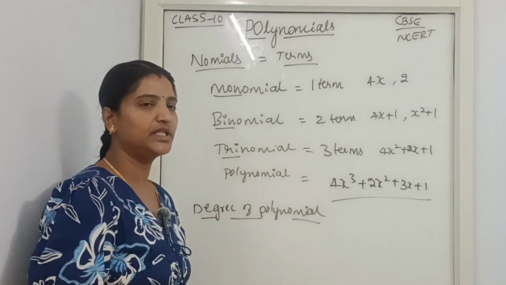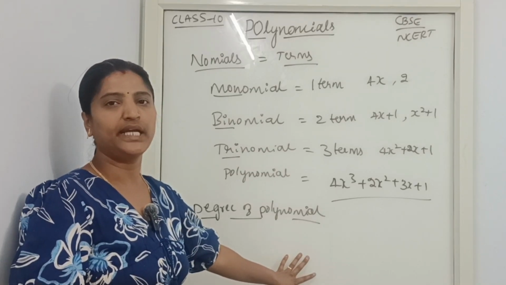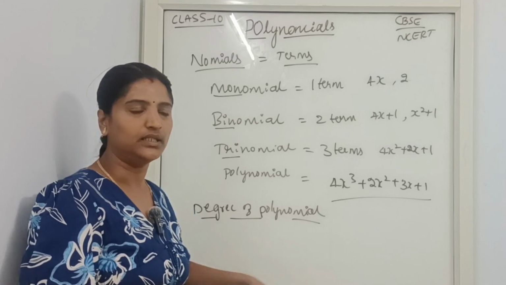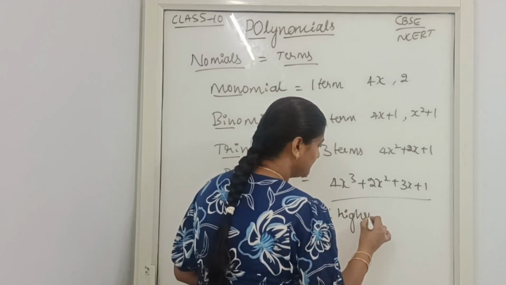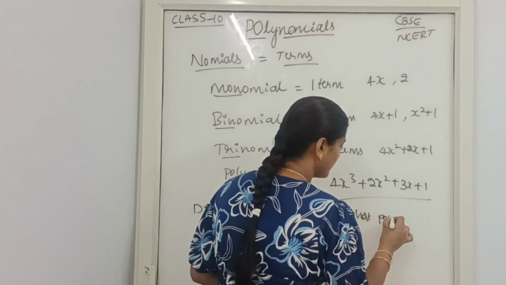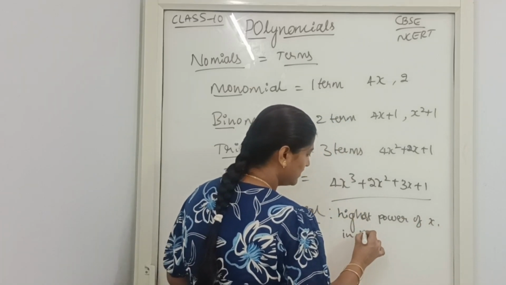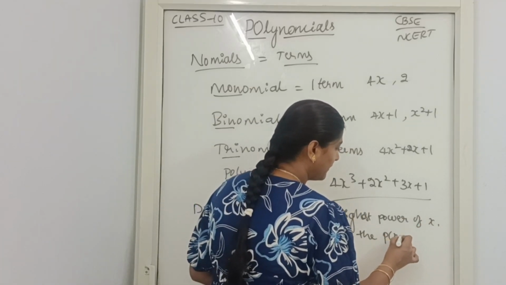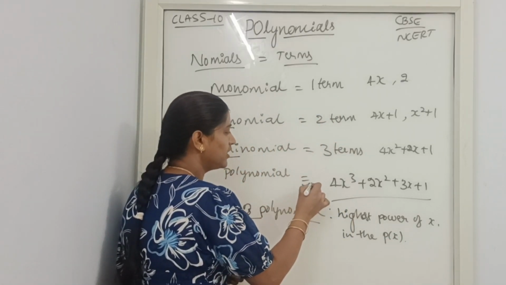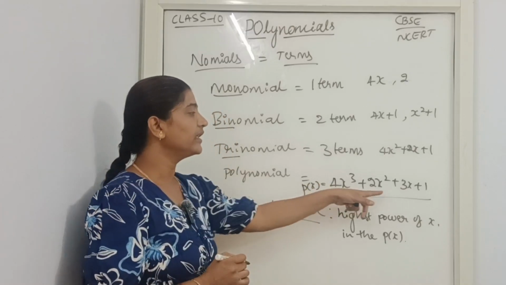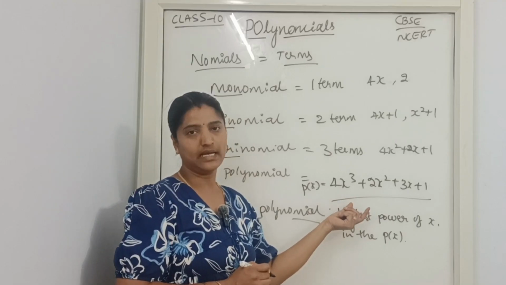What is the meaning of the degree of a polynomial? It is nothing but the highest power of the variable in the given polynomial. We can consider this as the highest power of x in the polynomial p of x, because this polynomial has only the variable x.